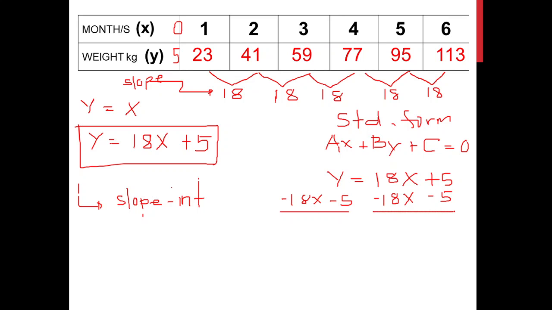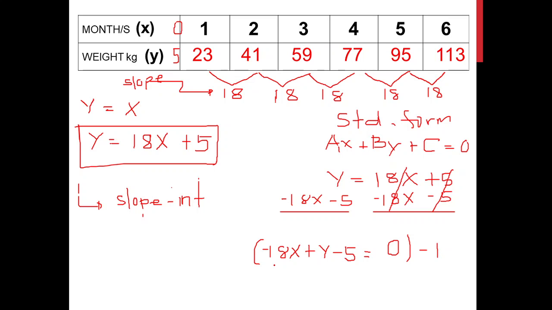Then let's go ahead and add. Positive 18x and negative 18x will cancel out, this becomes 0. Positive 5 and negative 5 will cancel out also, this becomes 0. Let's bring down the equal sign. So everything here on the right side is equal to 0. Here, negative 18x does not have any similar term, so let's go ahead and bring it down. Same as our y variable, so we have positive y minus 5. And then again, we need to make our first term positive, so let's go ahead and multiply everything by negative 1.